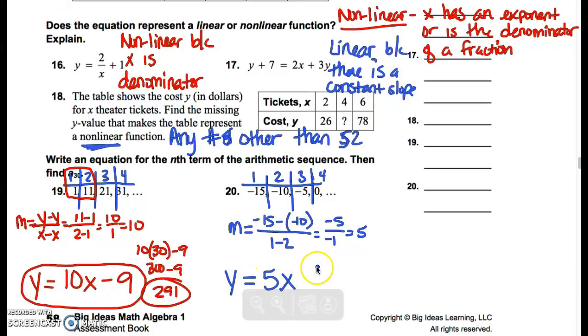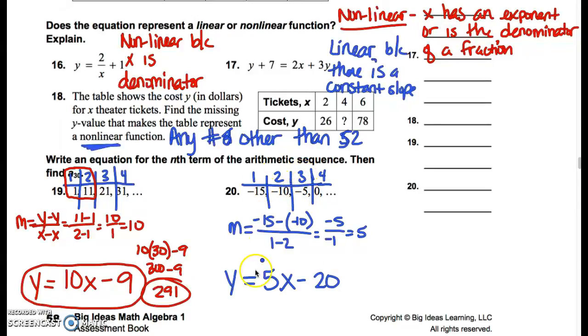Now, I need to figure out, do I need to add or subtract anything onto that to make it fit my table? So, I'm going to come over here where I have some positive numbers, to make it a little bit easier. If I plug in 4, 5 times 4 is 20. What would I need to do to get back to 0? Well, I would have to subtract 20. 5 times 3 is 15, minus 20 would give you negative 5.